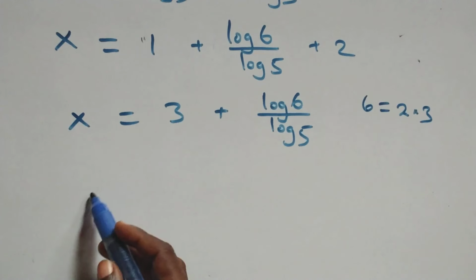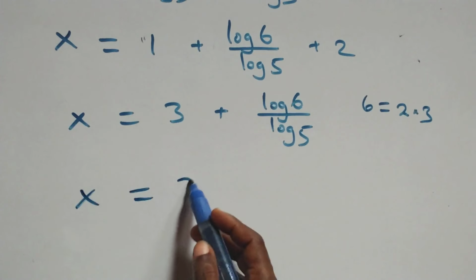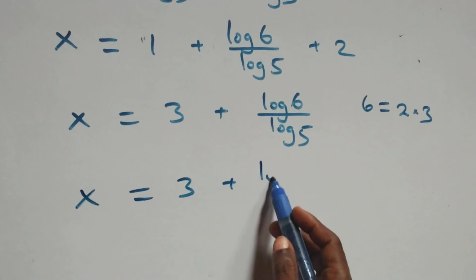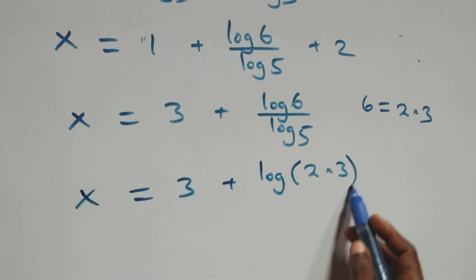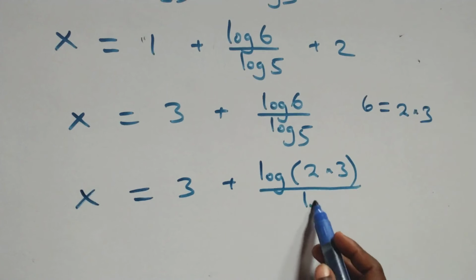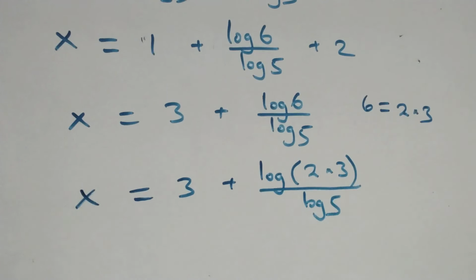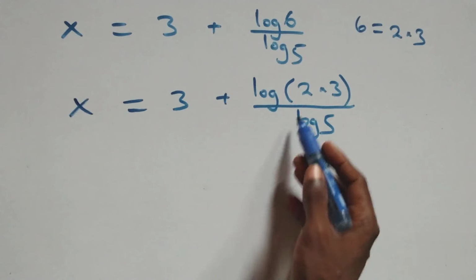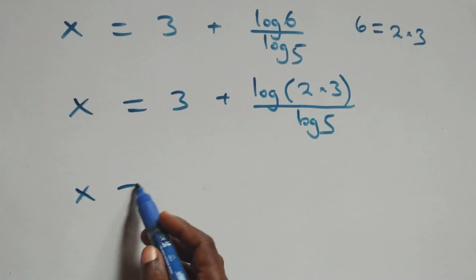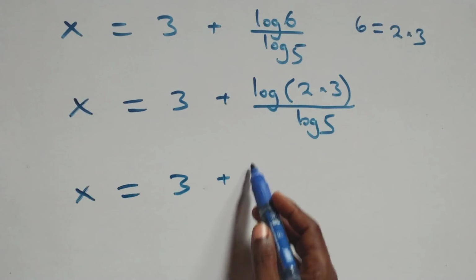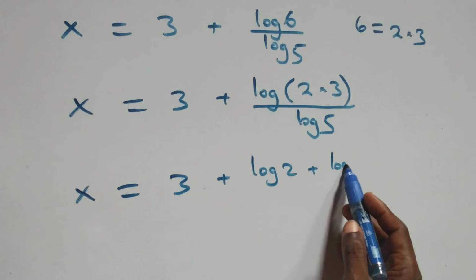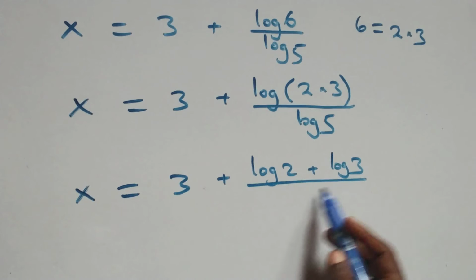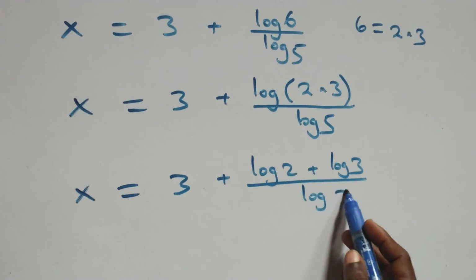Then what we have here becomes x equals 3 plus log 2 times 3 over log 5. Then this also follows the law of logarithm, and we have x equals 3 plus log 2 plus log 3 over log 5.